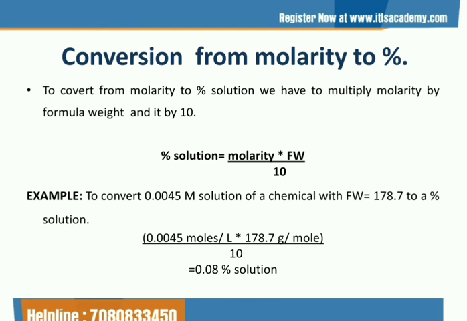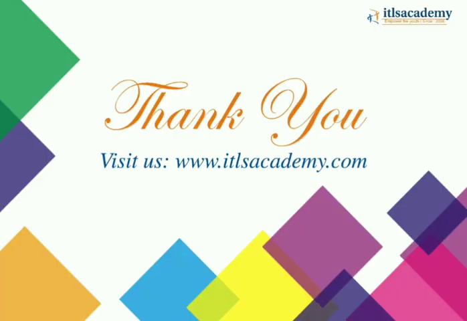To convert a 0.0045 molar solution of a chemical with formula weight of 178.7 to a percent solution, let's put values in the formula. 0.0045 moles per liter into formula weight 178.7 grams per mole divided by 10, and the answer will be 0.08% solution. Thank you very much guys.